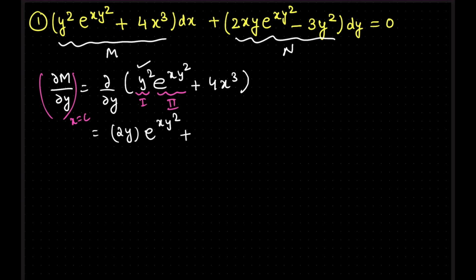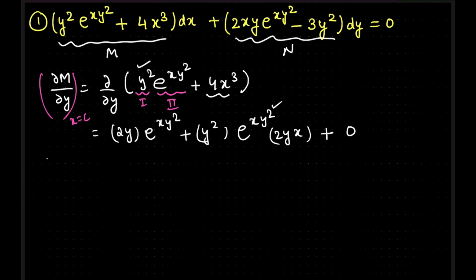In the second term, we leave y square as it is and differentiate the e to the power term, so you will get e to the power x y square, and also you will get 2y x. Now let's differentiate the third term. This will become 0 because we are partially differentiating with respect to y.